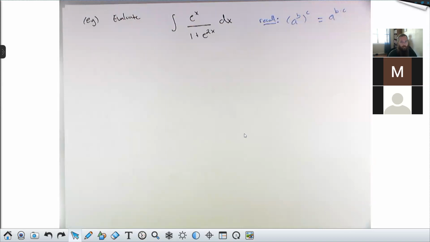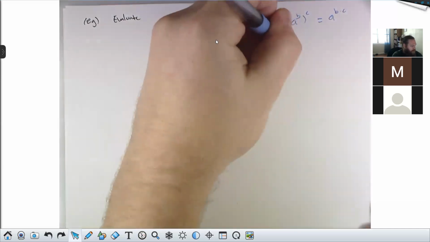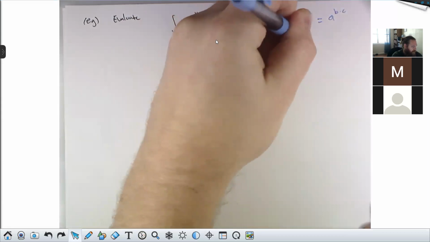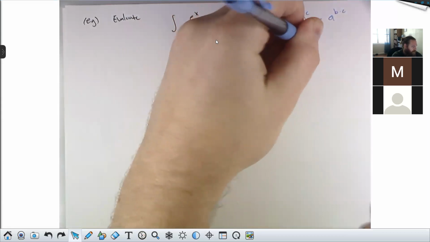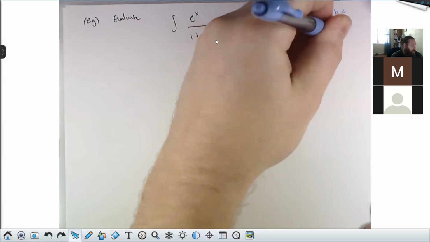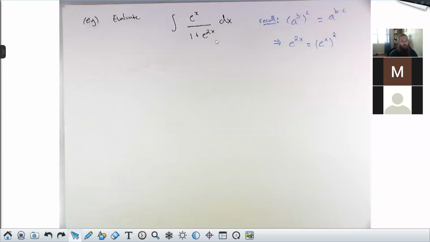So I'm thinking about the blue while I look at e to the 2x. This tells me that e to the 2x is the same as e to the x all raised to the 2. And this is an important trick.